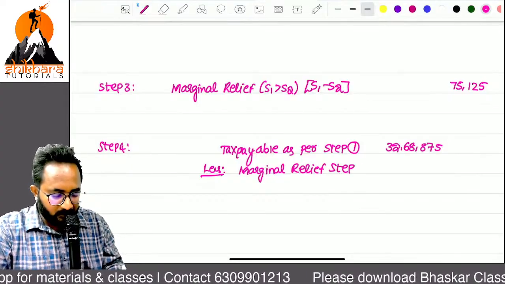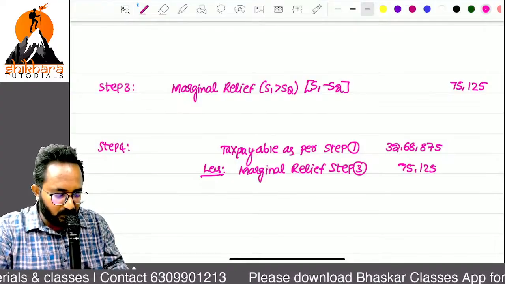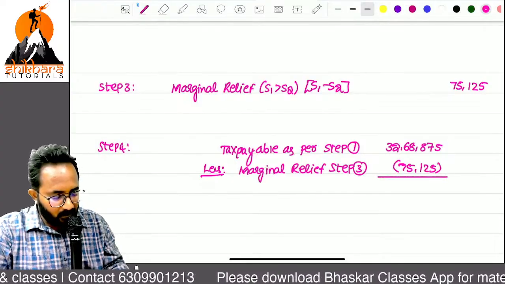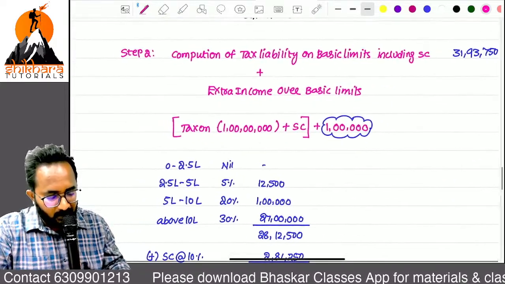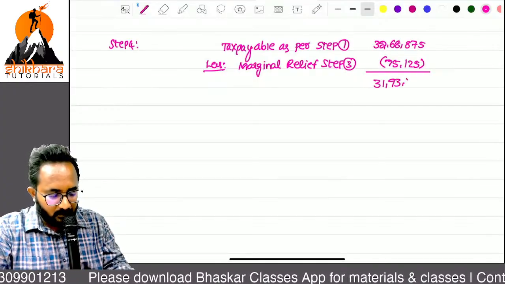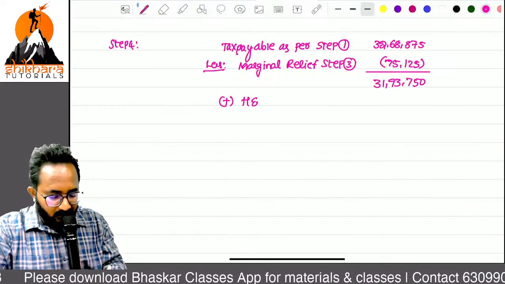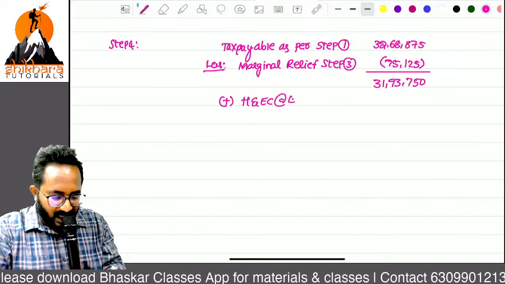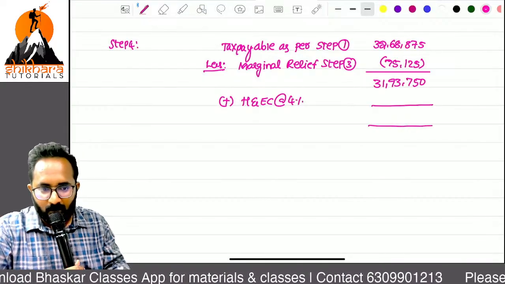Please reduce 75,125 from that, and you will get the step 2 answer. What is step 2? 31,93,750. For this we have to add health and education cess. This is the last step in tax computation, and the final answer you will get is how much?